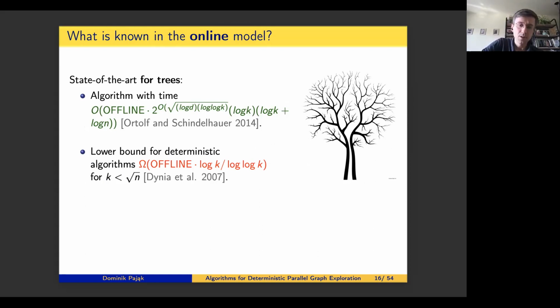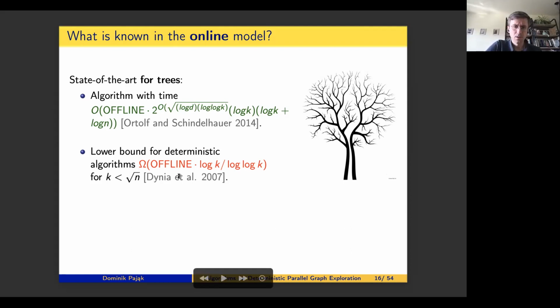And so you might notice that it's the offline time, the time of the offline solution, times something. So if you want to explore online, which means explore unknown trees, and in this case it's only tree exploration, not even general graphs, then you have to pay the offline time times some additional penalty. Okay, and there is some upper bound that is definitely very interesting, but we'll focus maybe slightly more on the lower bound.